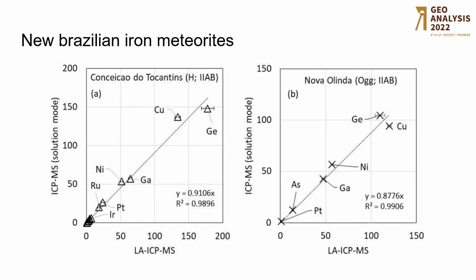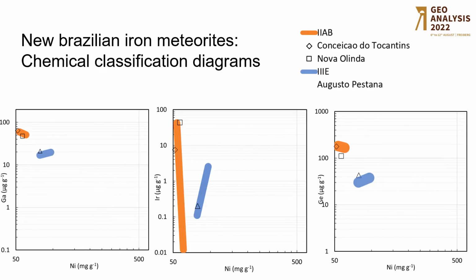The results obtained by both methods are in agreement for 2 samples, Conceição do Tocantins and Nova Olinda, as presented in the graphics. Plotting the obtained results on the diagrams for chemical classification of iron meteorites, we were able to classify Conceição do Tocantins and Nova Olinda as 2AB class, as shown here.